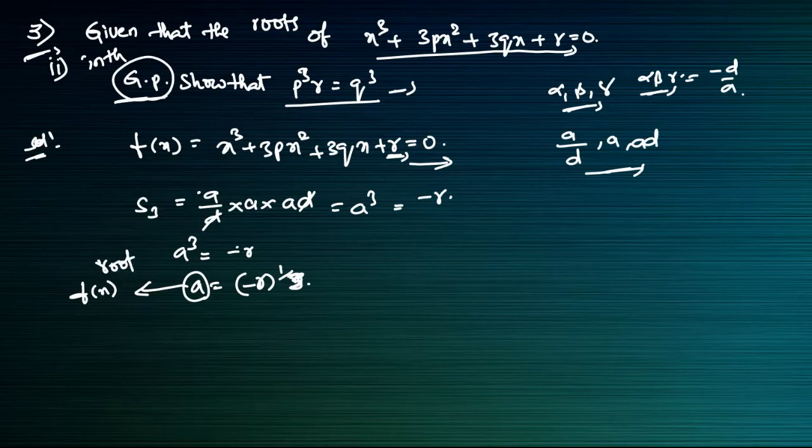Now here, I will substitute the a value in the f of x. So f of a, with a equal to minus r power of 1 by 3, I will substitute in this one.